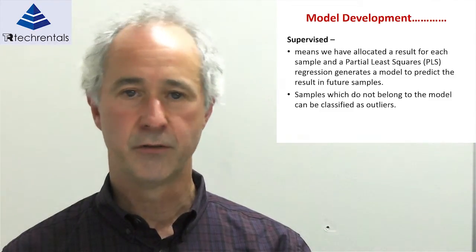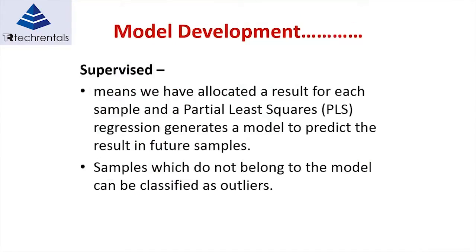So in the future, when we use our model to predict the results from new samples, then we will be actually predicting what the total soluble solids are for that sample. And it also can be used to determine what samples don't belong to the model. So you can determine outliers.